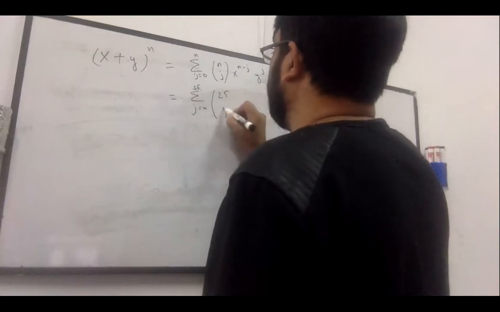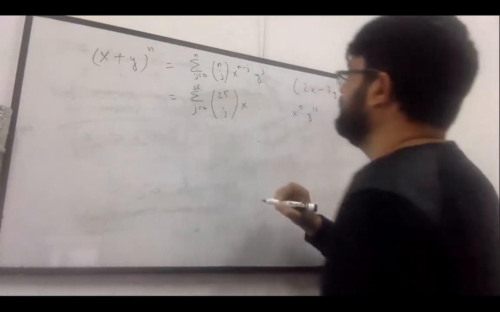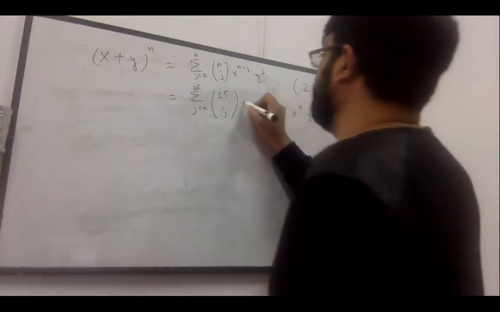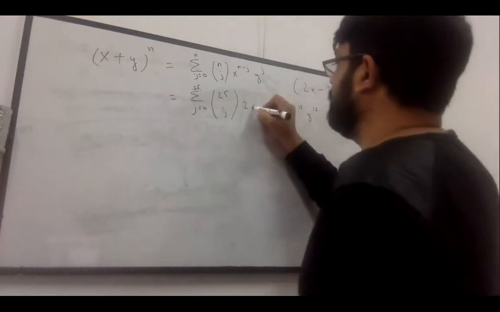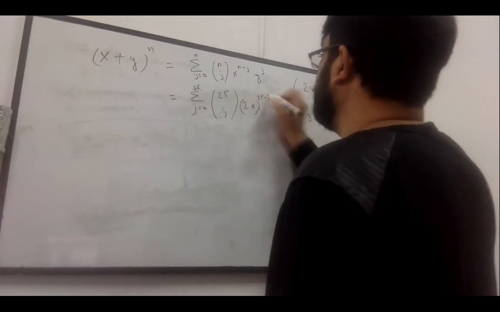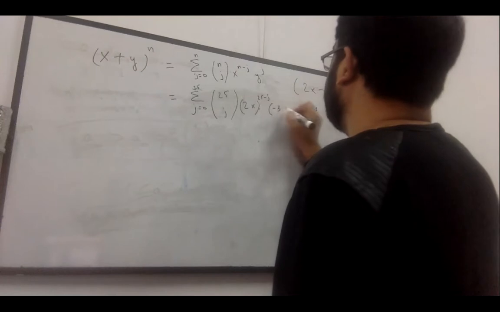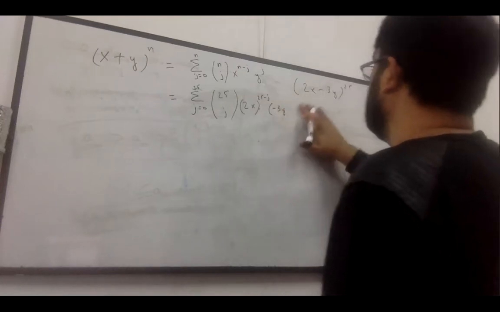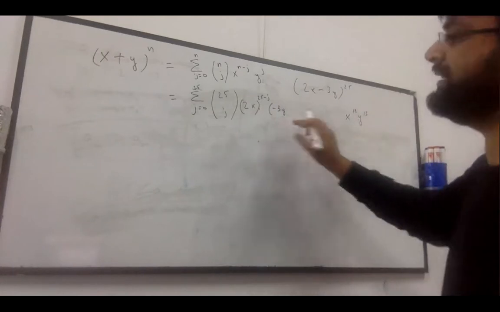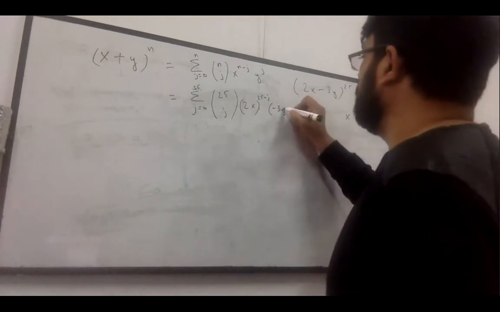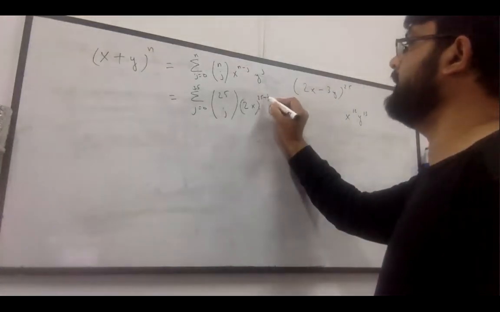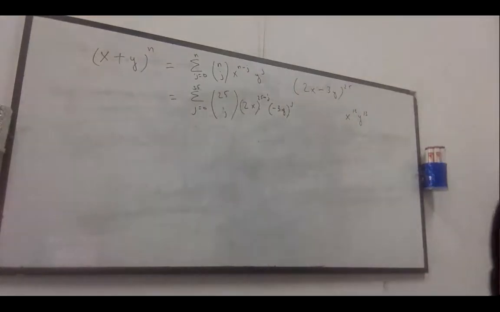We've got 25Cj times x, and x here is basically 2x, so (2x) to the power n minus j, which is 25 minus j, multiplied by minus 3y. It's a negative term, so it's (minus 3y) raised to power j.